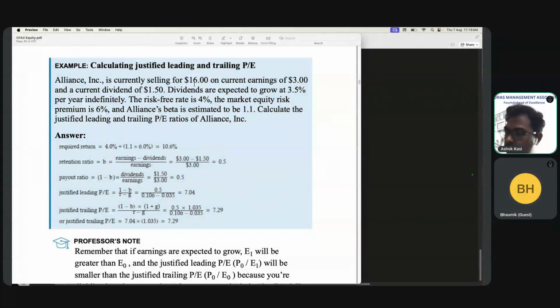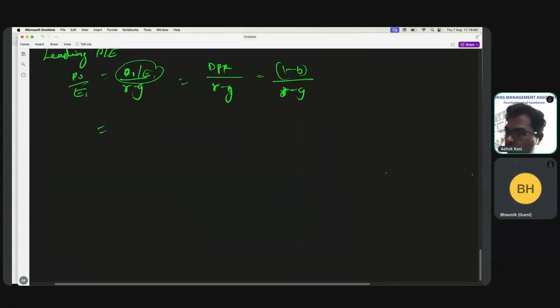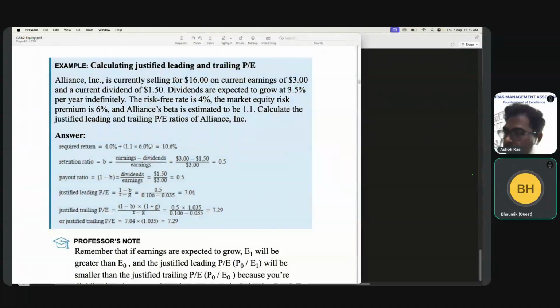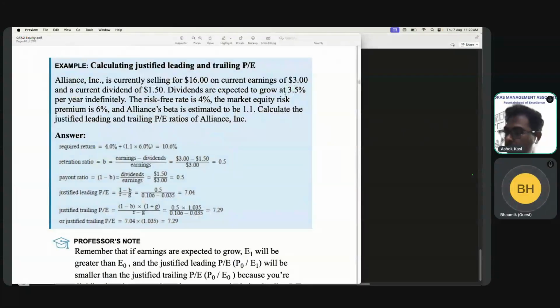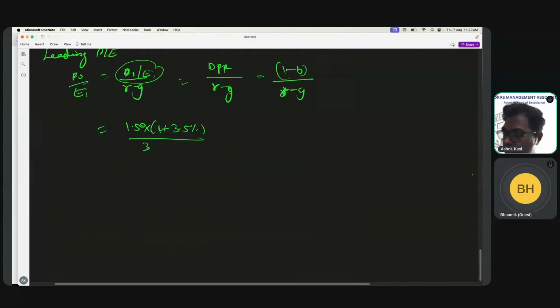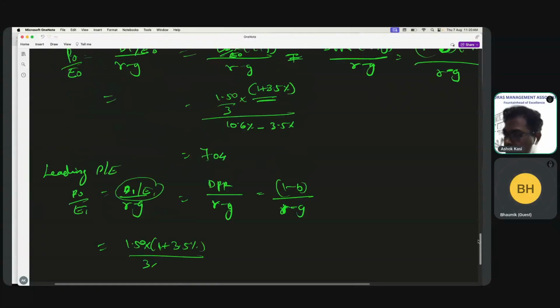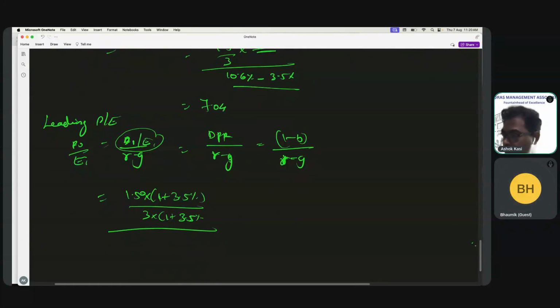Then dividend is D1, D1 is 1.50 into 1 plus 3.5 percent, divided by E1, which is current earnings 3 into 1 plus 3.5 percent, whole upon R minus G, 10.6 percent minus 3.5.